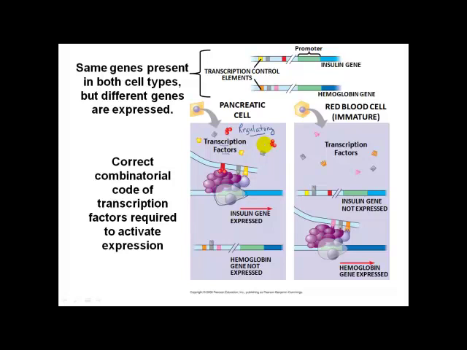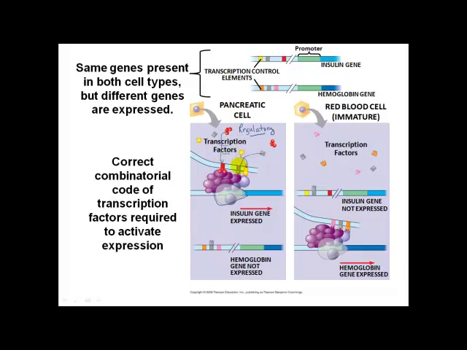And so we could imagine that in order for this insulin gene to be expressed, there are going to be specific sequences in the gene, which are sort of illustrated by these different colored boxes. These would just be specific sequences of nucleotides to which different transcription factors would come along and bind in a sequence-specific fashion.